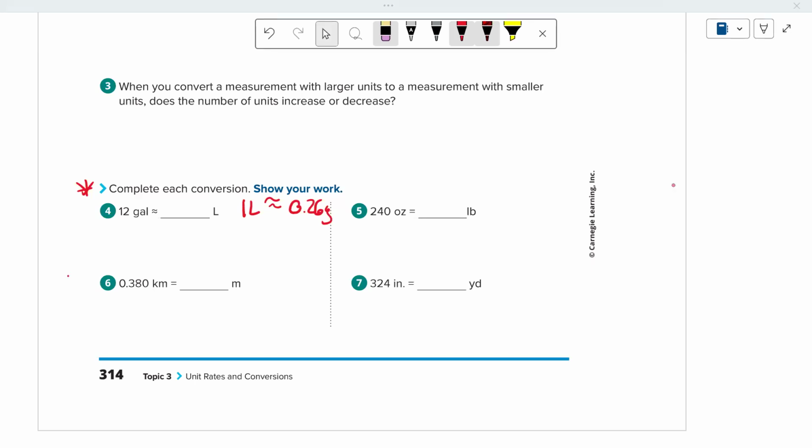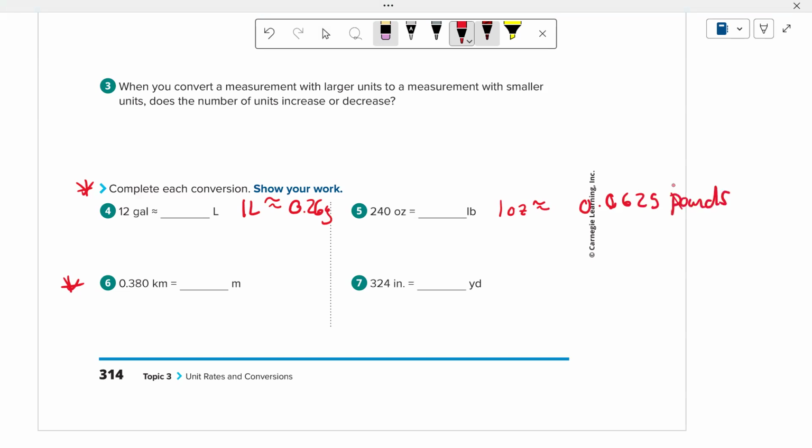I'm going to have y'all do these. So how many ounces make a pound? 1 ounce is approximately 0.0625 pounds.